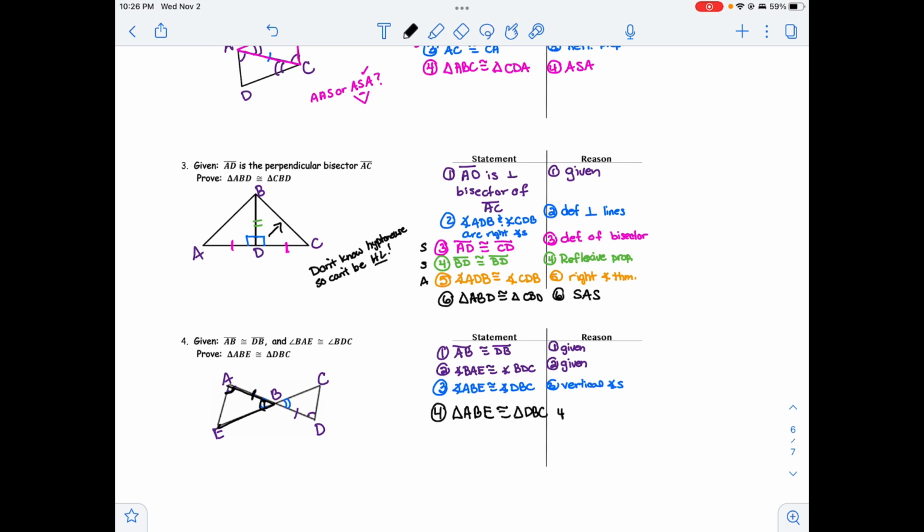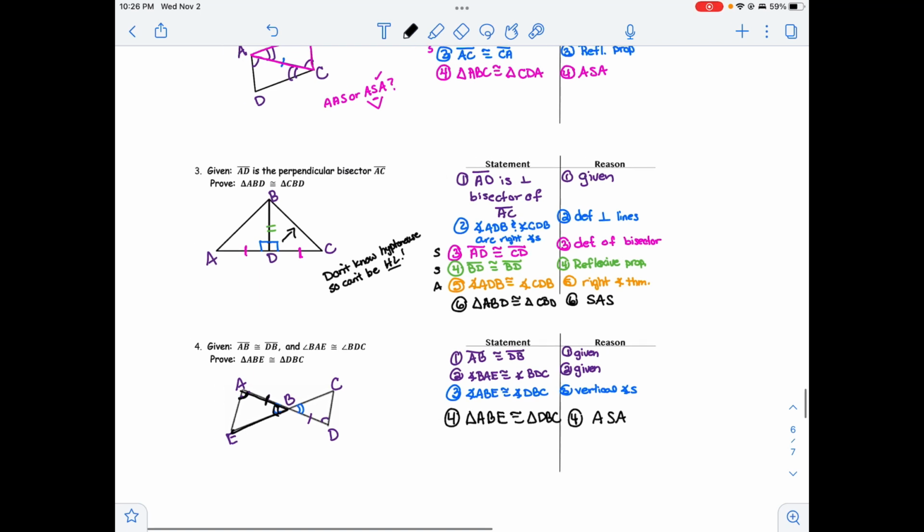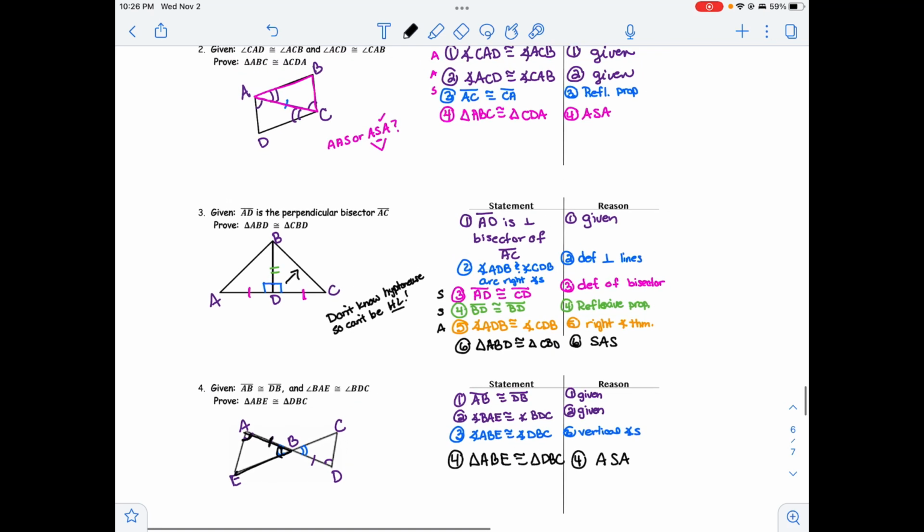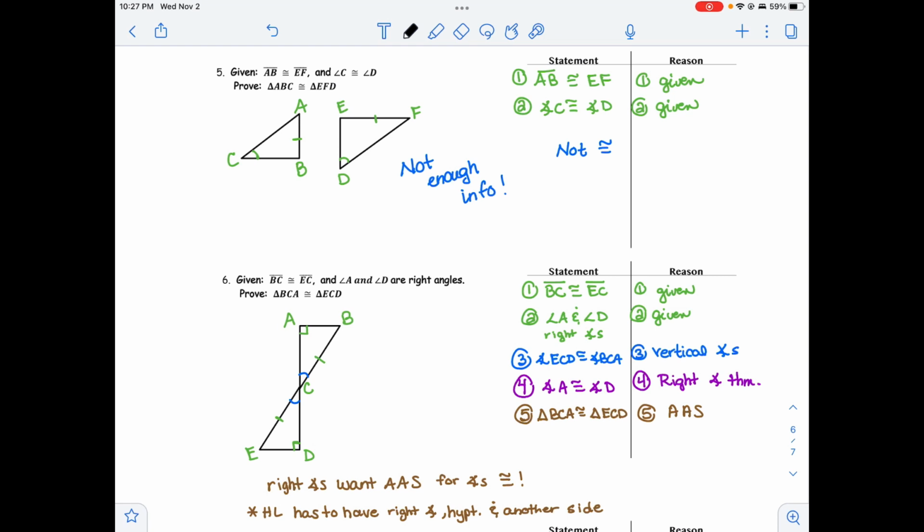So for that reason, it's an angle side angle, where if the angle is stuck between the two sides, it's a side angle side, like for number 3. Number 5, your marks, make sure you had your angles ACB and then EDF, and then work those out.